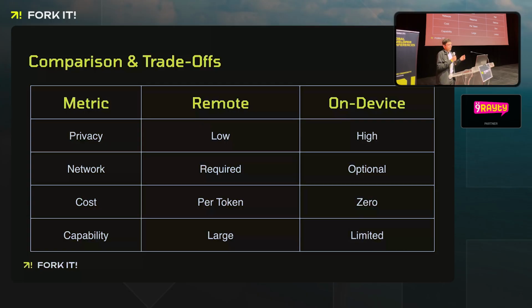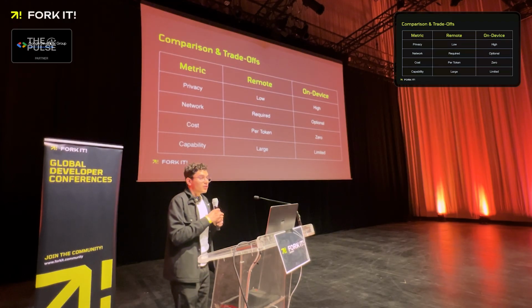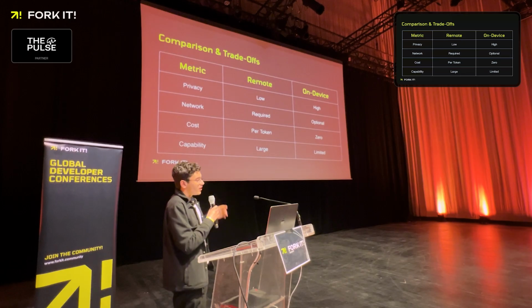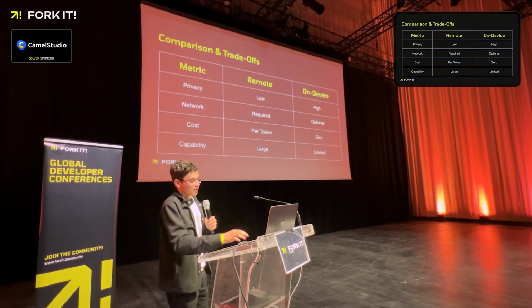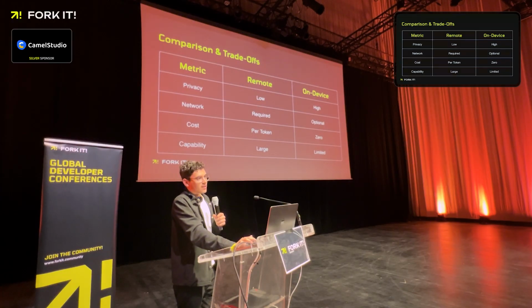So when you use remote LLMs, you have pros and cons, and when you use on-device LLMs, you also have pros and cons. Going through that quickly: for privacy, you are totally private when using on-device LLMs, but on the other side, your data is not yours when you use remote ones.